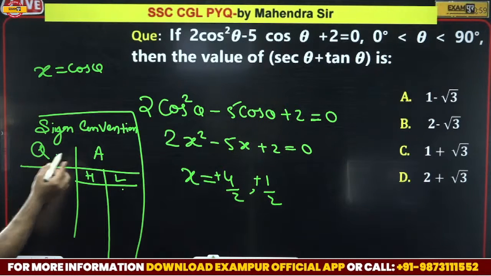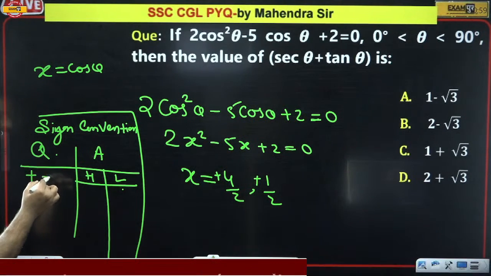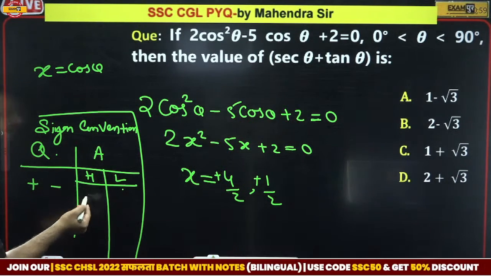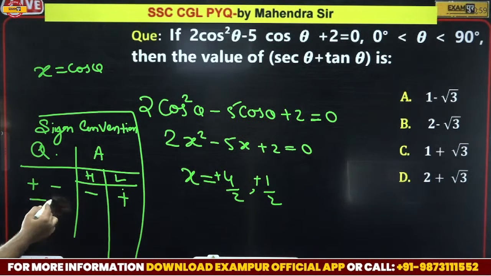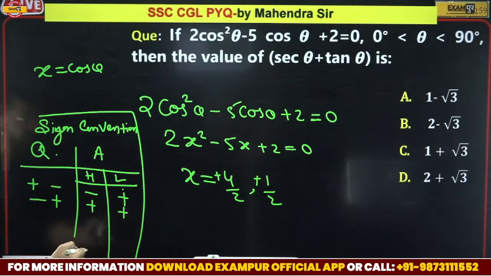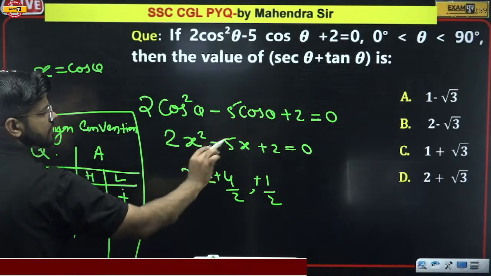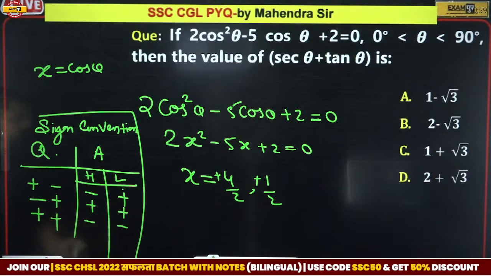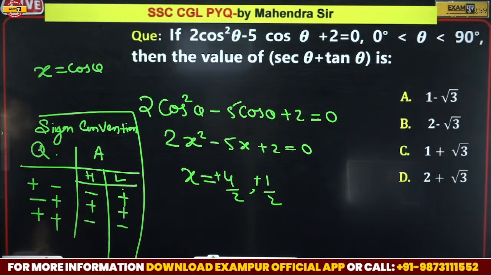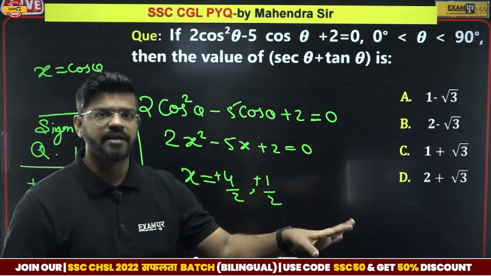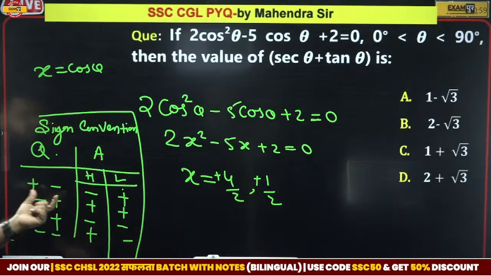If the quadratic equation has plus or plus minus, my answer will be minus plus. That means the higher number is negative and the lower number is positive. If my answer is plus minus, then both higher and lower will be positive. If my quadratic equation has a plus sign, both will get minus. And if both are minus in the question, then plus minus will be the first one plus and the other minus. So here minus plus sign is there, that's why I wrote directly plus.